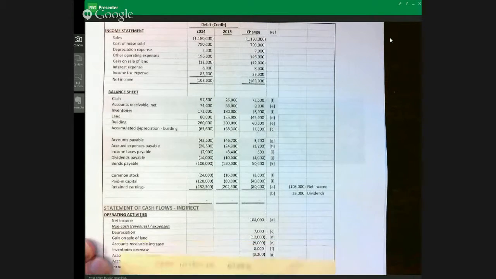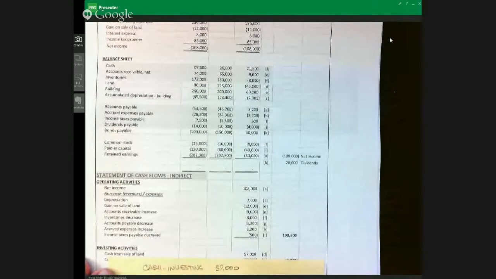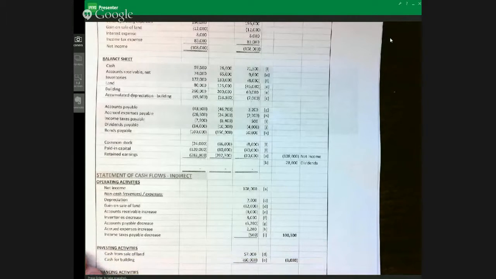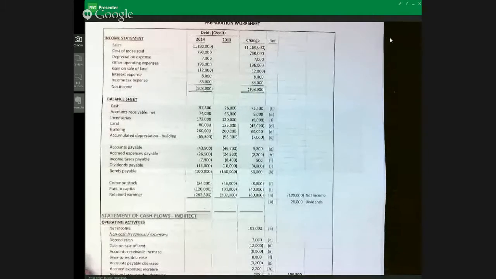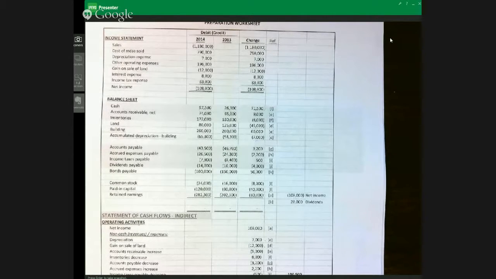And we would show cash from investing activities, from the sale of land, $57,000. Okay, all right, so that takes care of the gain on the sale of land. And these first two were really the hardest. The rest of them, as you will see, are fairly straightforward. So let's work on them.